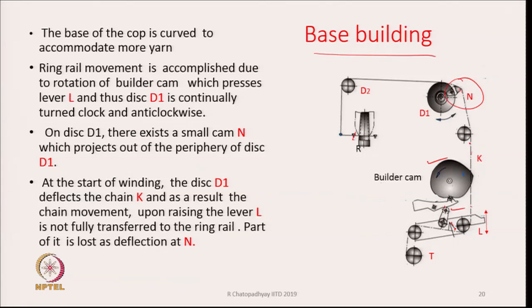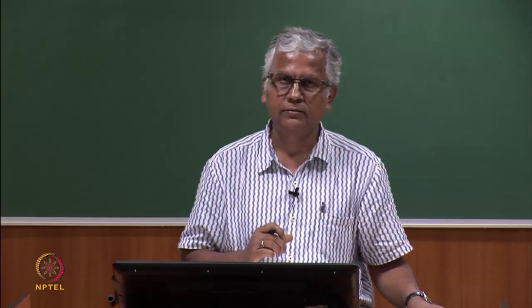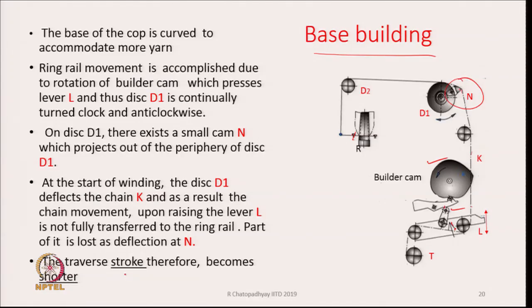That means the ring rail stroke length is going to be less. The traverse stroke is therefore going to be shorter initially.